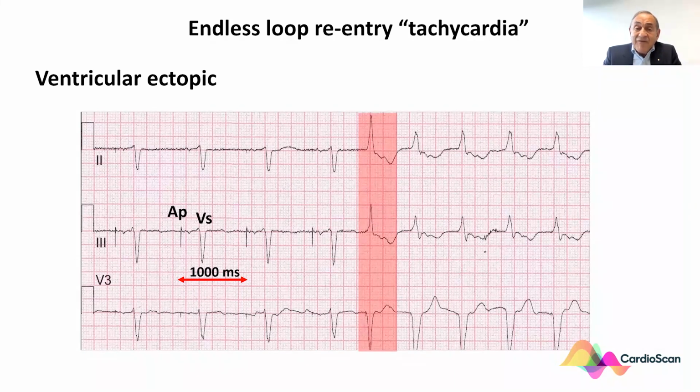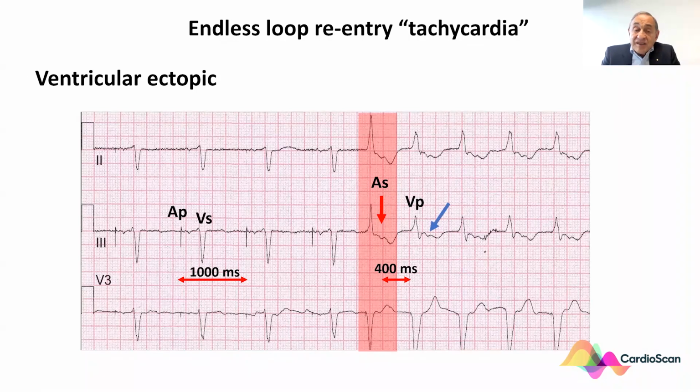We now have a ventricular ectopic. Within that, one can see the retrograde P wave going back to the atrium. And then after a long PR interval or AV delay, it then has a ventricular paced beat.